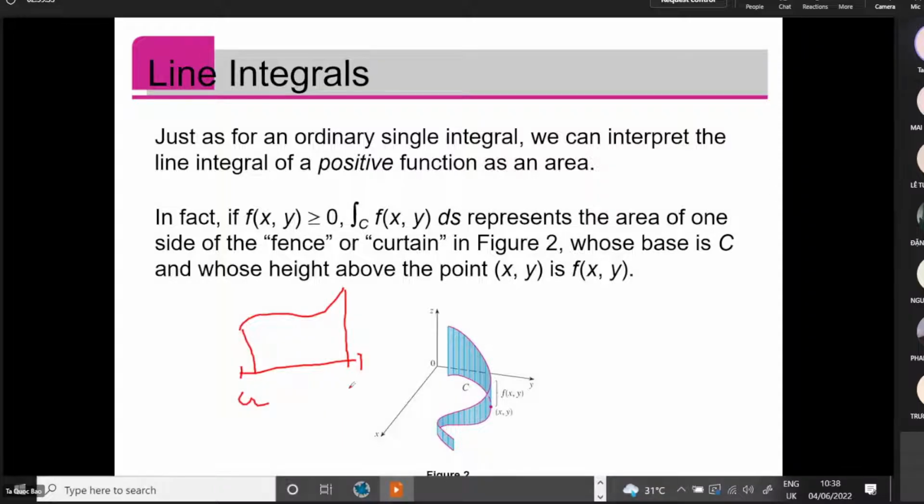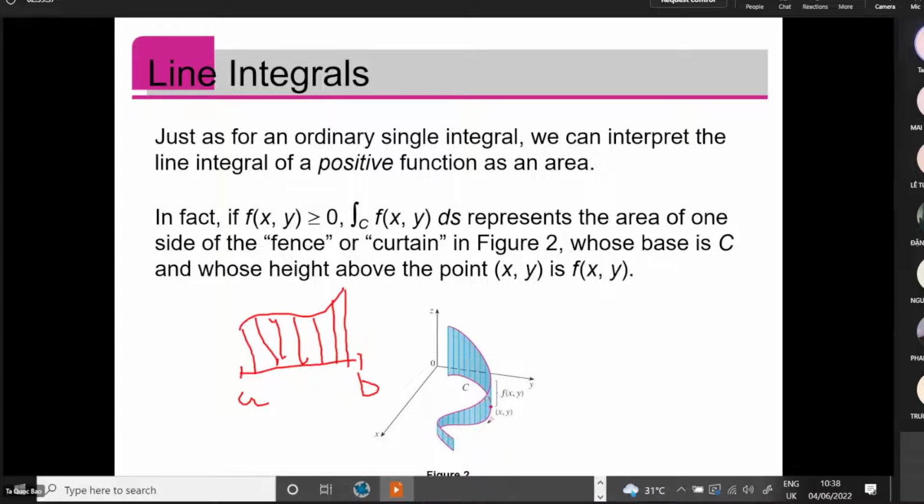So from A to B, you can see we divide like this. So the curve C here, you also divide the curve C like this. And every point x and y on C, then we get the function f(x, y).